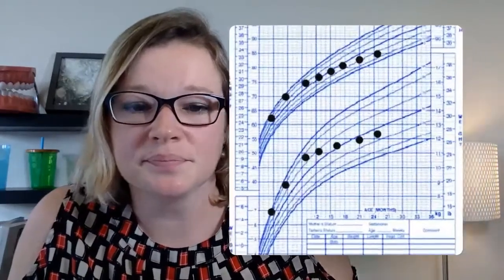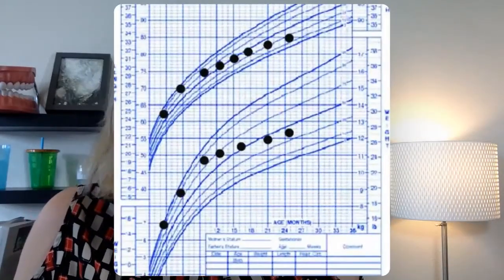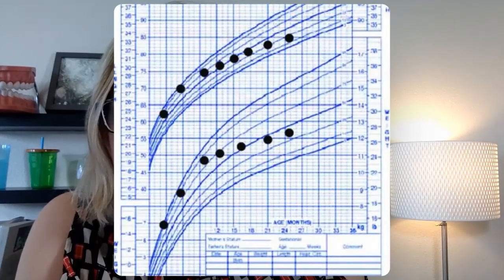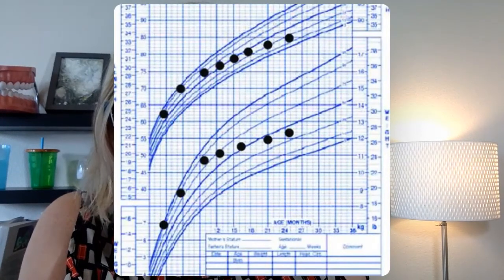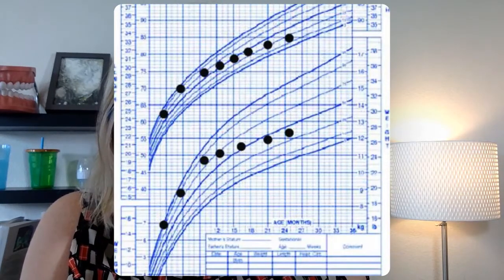Here we see a growth chart. Let me make it bigger. We have these points here, measuring the different ages when this child was measured, and what the height up here and weight down here data points were.